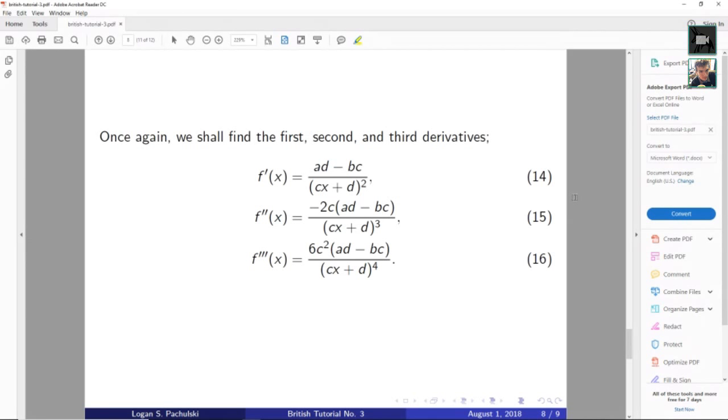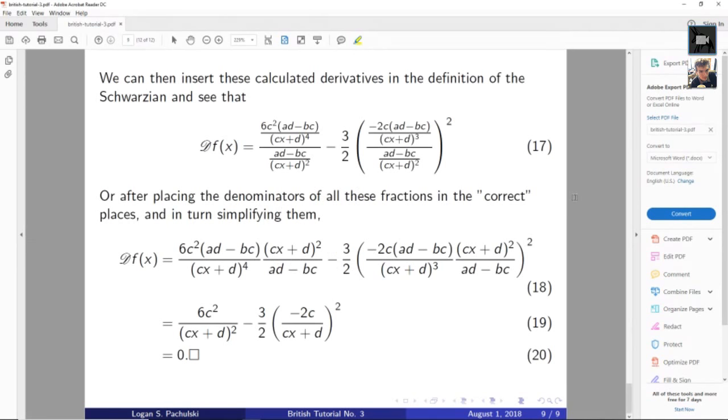We shall continue. The first, second, and third derivatives can be found through a few sheets of paper. More like paper if you actually know what you're doing, unlike me. We can continue now, since we have the first, second, and third, and insert this into the definition of the Schwarzian once again.